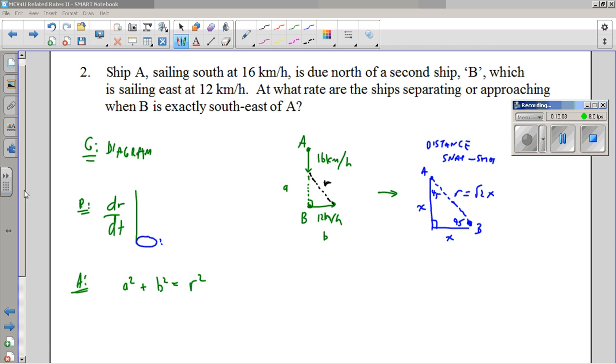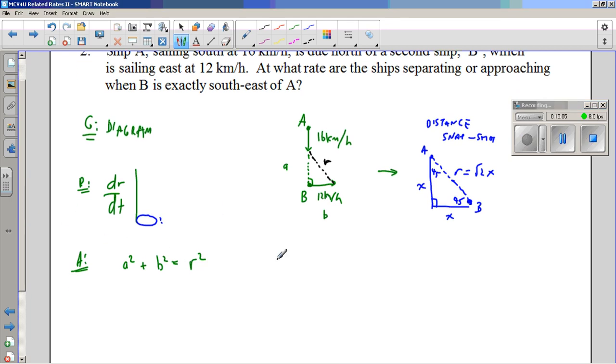Okay, so what's the next step? Even though I'm a little bit nervous about proceeding here, I think I'm going to try and take a derivative and see what we can fill in. So take the derivative here. A and B are both changing. They're both functions of t. So all of these are like a triple chain rule here.